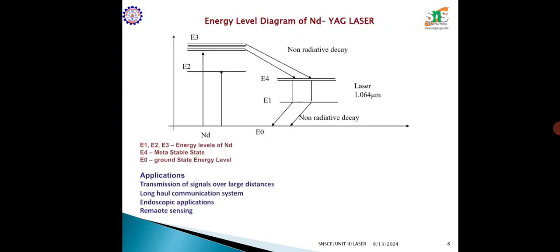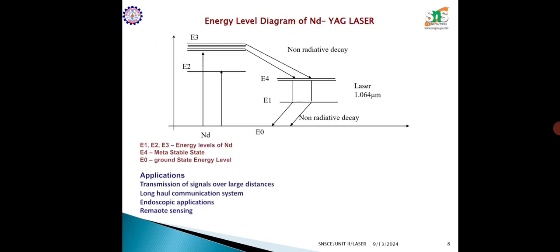Here we have the energy level diagram for this. First, the neodymium atom, by absorbing the light energy, moves to the E2 and E3 energy levels. Once the atoms move to the excited state, they cannot stay for a long time, and they come back toward the ground state.